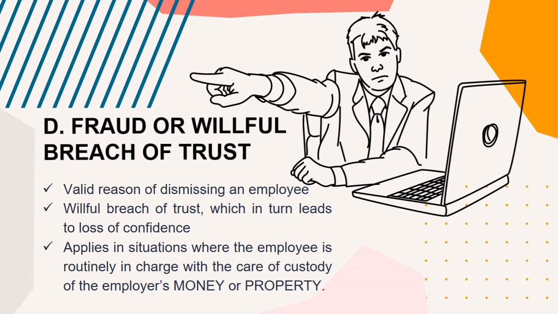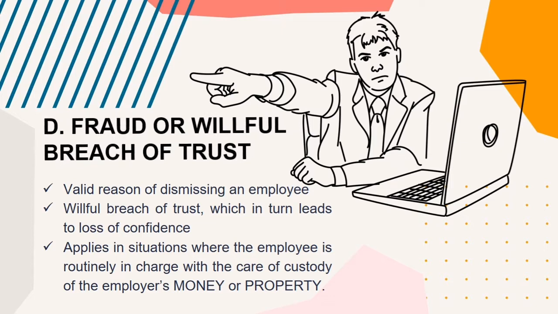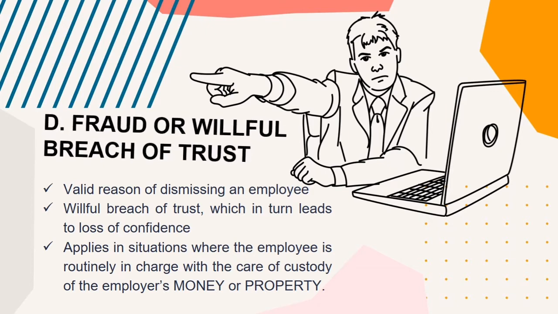The rule is that this is a ground for dismissal but does not apply to all employees. This only applies in situations where the employee is routinely charged with the care or custody of the employer's money or property. Examples of these employees are cashiers, auditors, property custodians, route salesmen, and the like.